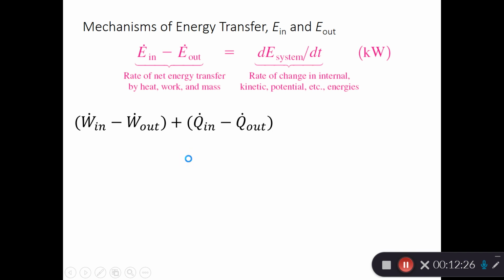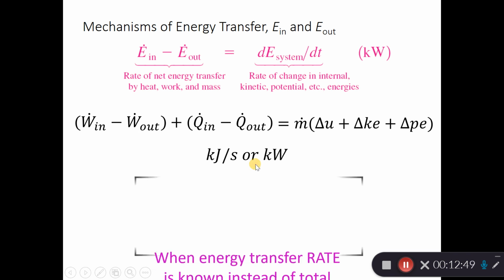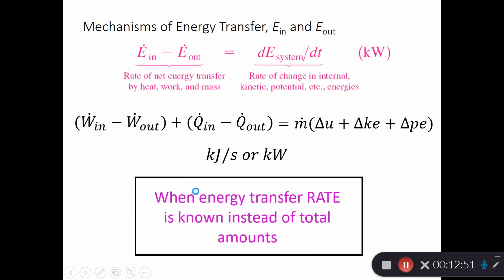For all the terms, you just put the dot there. It doesn't mean you can simply put the dot and use the same values. This means that the values have to be per unit time. We'll use it and then you'll understand it better. The unit, of course, is kilojoules per second, or kilowatts. So we use this when the energy transfer rate is known instead of total amounts.